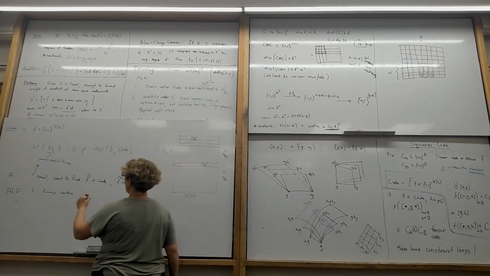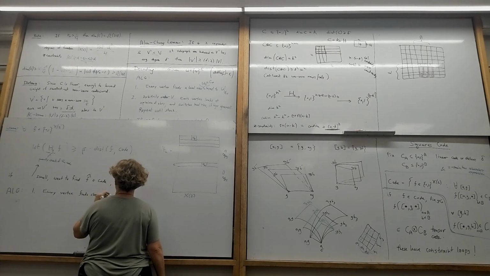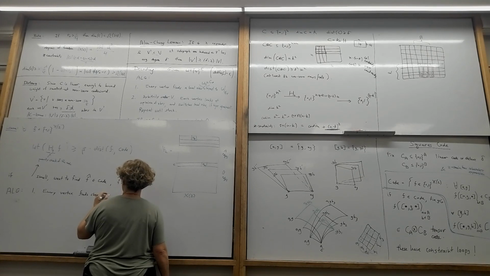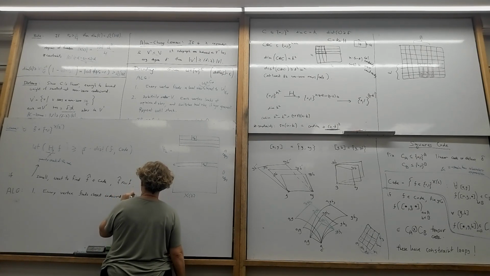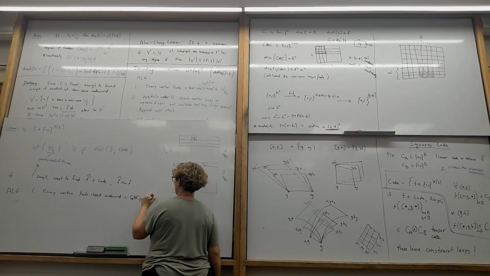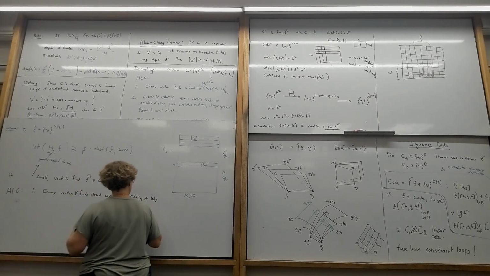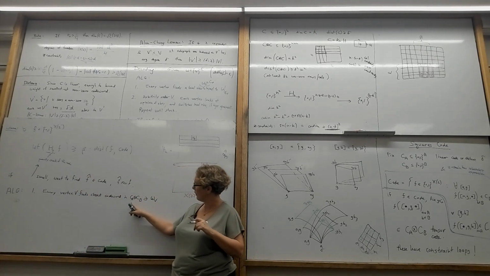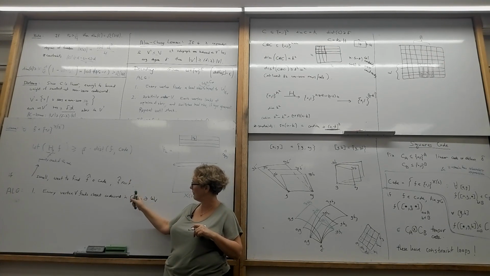Every vertex finds one in the relevant code. And let's call this guy WV. So for vertex V, I let WV be the closest actual code word that's closest to whatever the local view is.